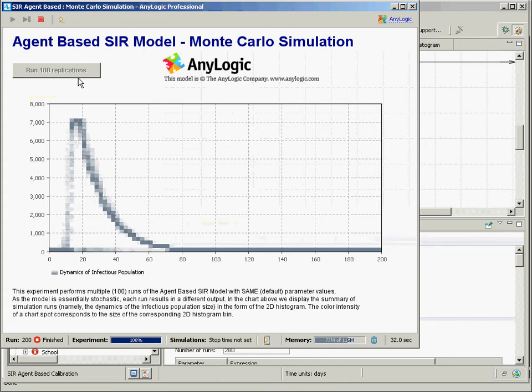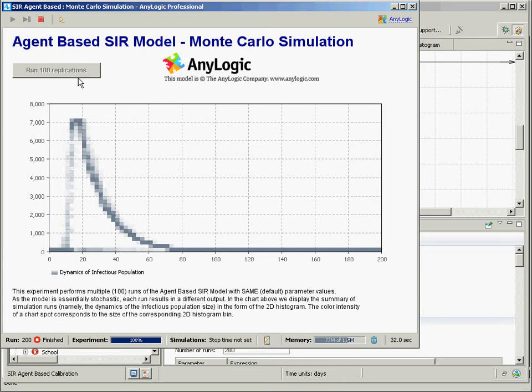Yes? What's the y-axis here? The y-axis represents the number of infected individuals at a given time. So if we consider this case, let's say just after time 40, let's consider the darkest sort of little box. This is what we call a bin. It's a histogram bin. But it's a bin both in the x direction and the y direction.